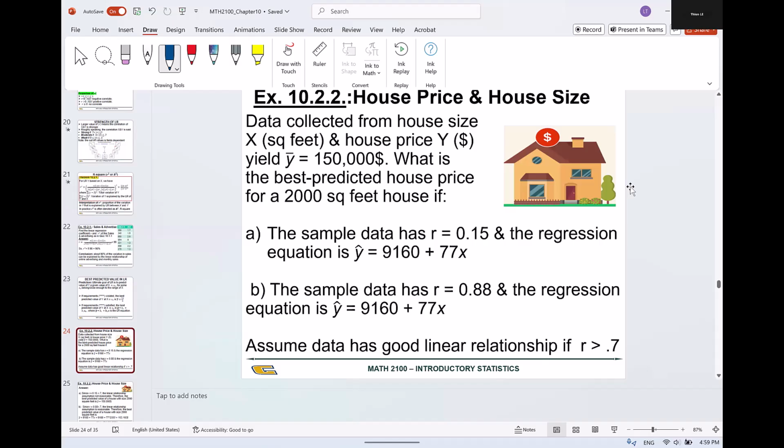And assume here the data has a good linear relationship if R is greater than 0.7. So here we have one assumption, additional information.